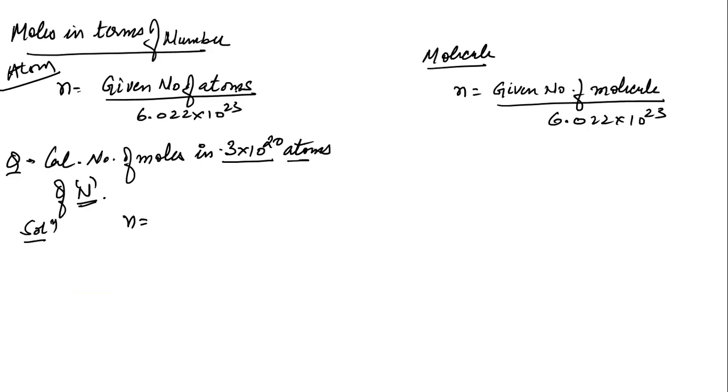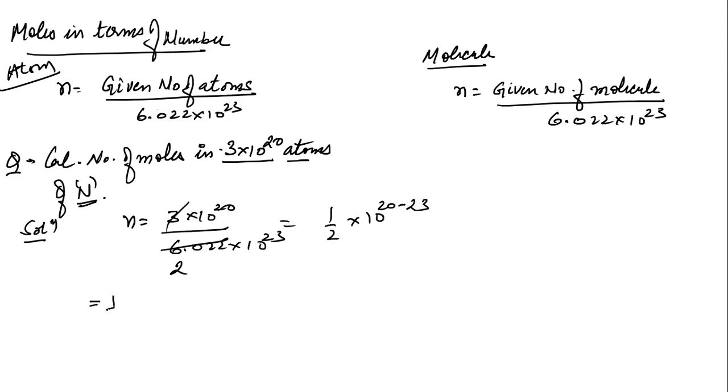So n will be equal to the given number of atoms, which is this one, divided by the Avogadro number. This will be almost 2, so this is 1 by 2 into 10 power 20 minus 23. The 10 power 23 will move up. So this will be equal to 1 upon 2 into 10 power minus 3, that is 0.5 into 10 power minus 3 mole.